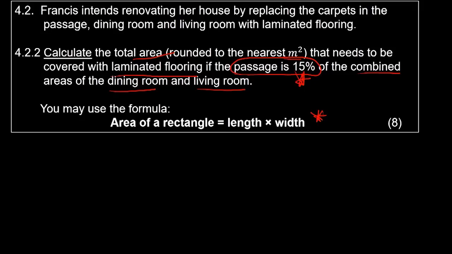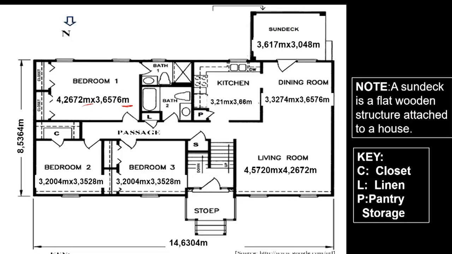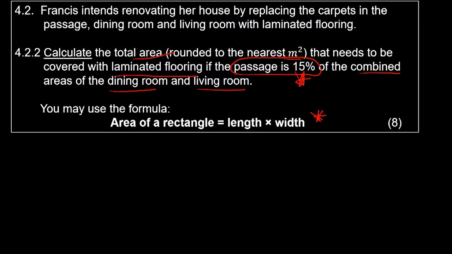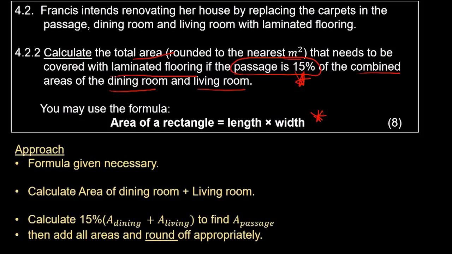You first need to find the area of the dining room and the living room. How do you find the area of the dining and the living? Go back to your plan. Here is your dining room and its dimensions. Here is the living room with its dimensions. You use that, and then you find the area. From there, you take 15% of that total so that you can find the area of the passage.